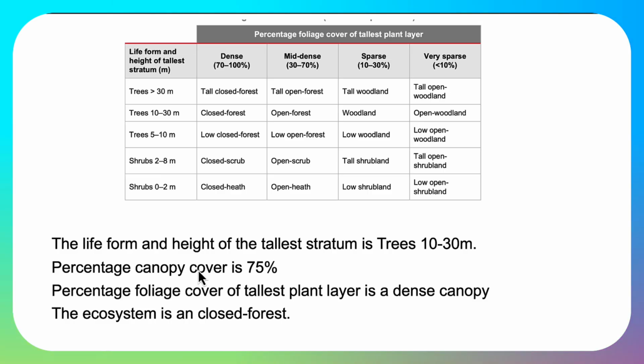Percentage canopy cover was 75%. And the percentage foliage cover of the tallest plant layer is a dense canopy. So the ecosystem is a closed forest. And that is as simple as that. So that's nice, easy marks.